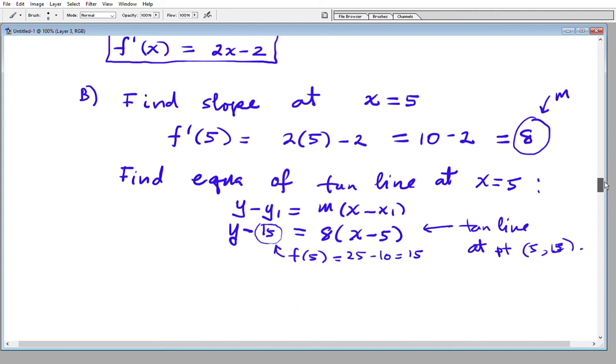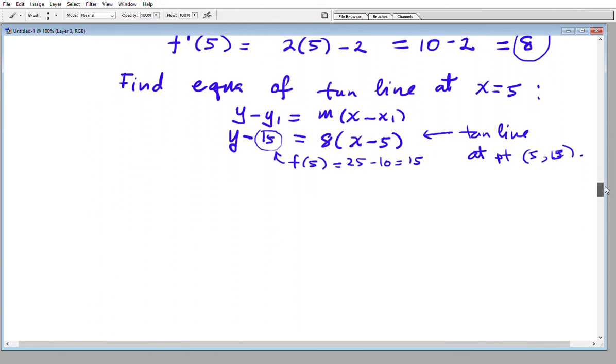So now let's talk about, I just wanted to end with examples of functions that are not differentiable at a point.